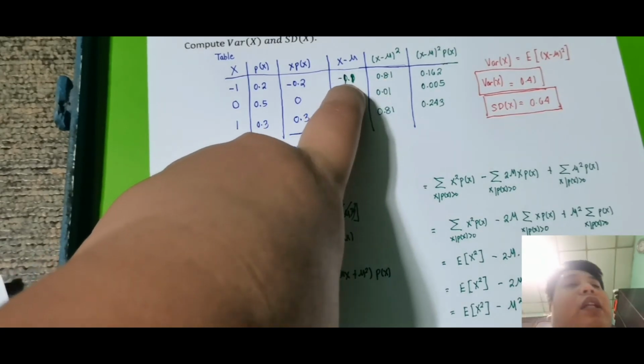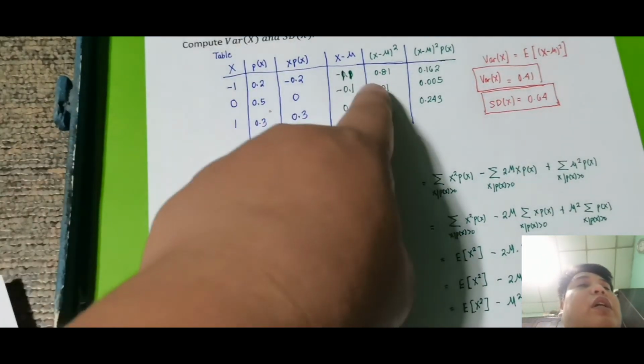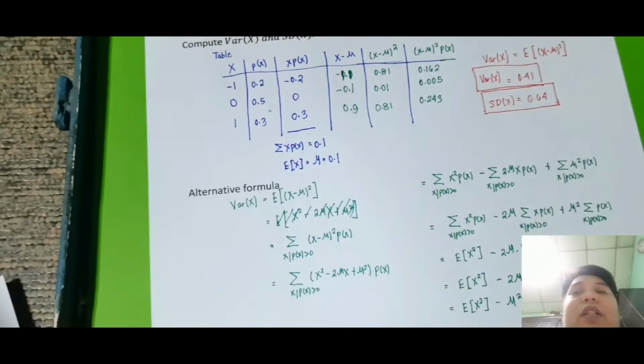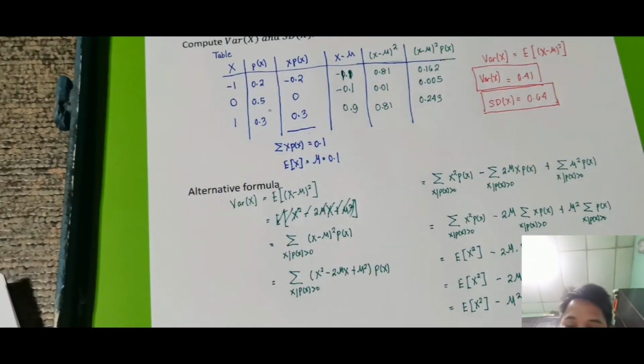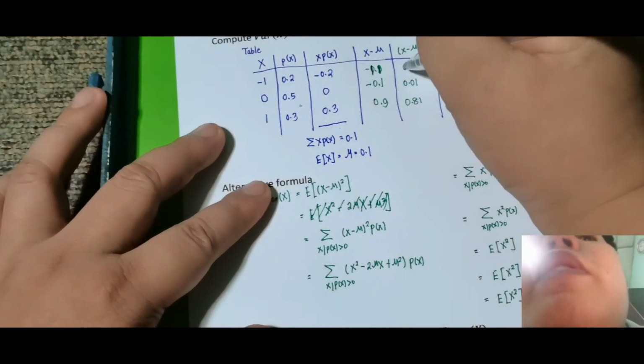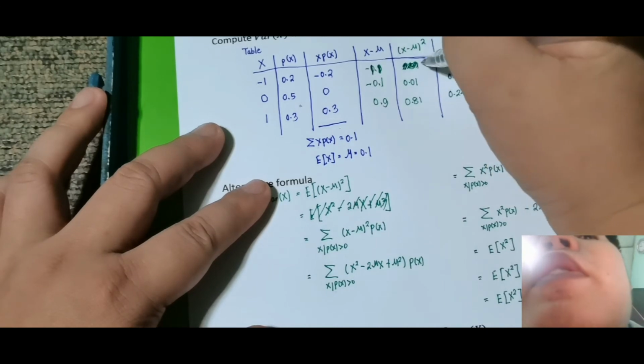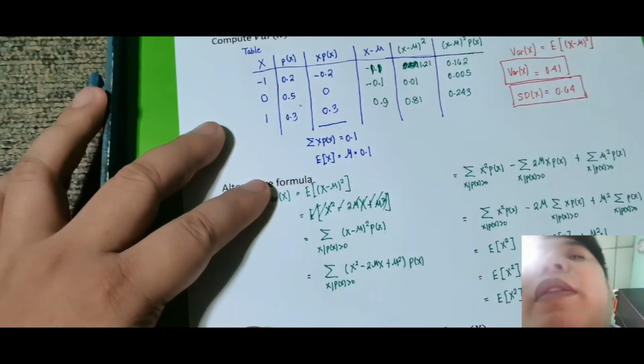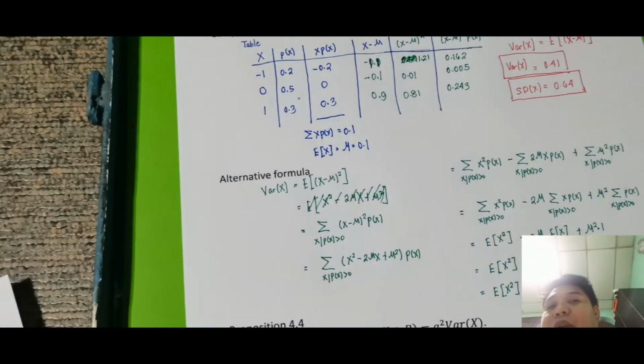So, this is negative 1.1 times 0.2. Kasi, negative 1.1 square. So, try natin. Negative 1.1 square. That is 1.21. So, next is 1.21 times p of x. So, this is 1.21 times p of x, which is 0.2.